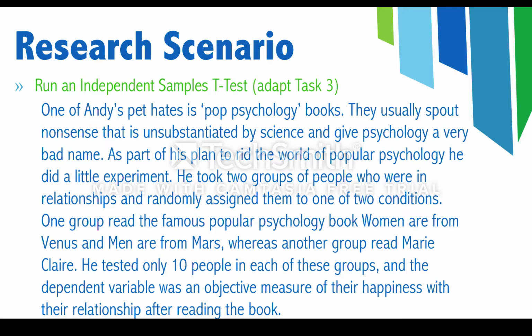He took two groups of people who were in relationships and randomly assigned them to one of two conditions. One group read the famous popular psychology book, Men Are From Mars, Women Are From Venus, whereas another group read Marie Claire. He tested only 10 people in each of these groups, and the dependent variable was an objective measure of their happiness with the relationship after reading the book.